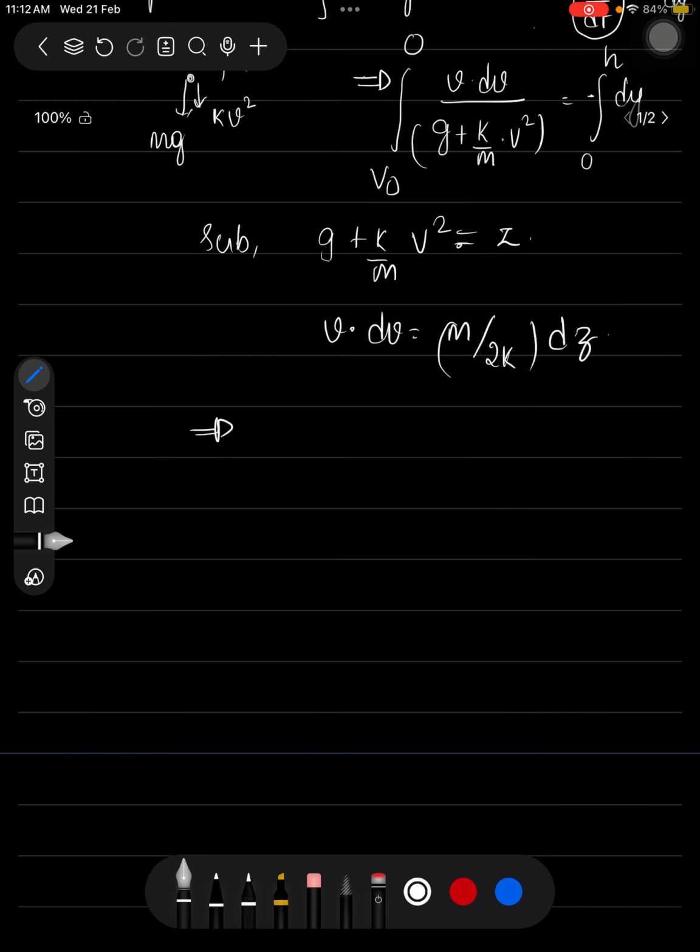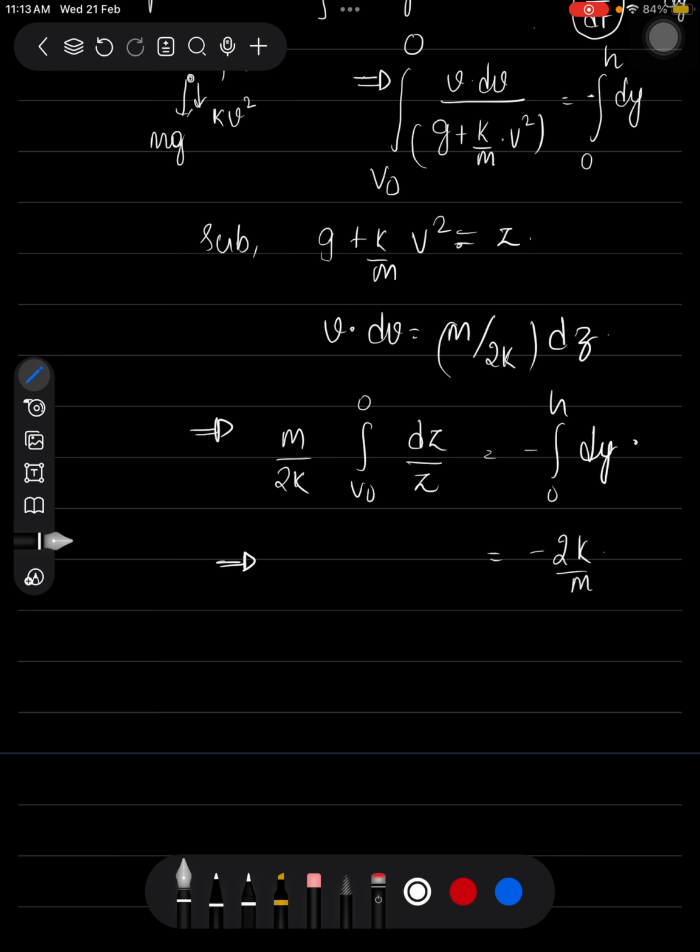On substituting we get (m/2k) ∫ dz/z from v0 to 0 equal to the left side integral ∫ dy from 0 to h. So I take this m/2k to the other side, which becomes -2k/m, and the integral from 0 to h becomes h.